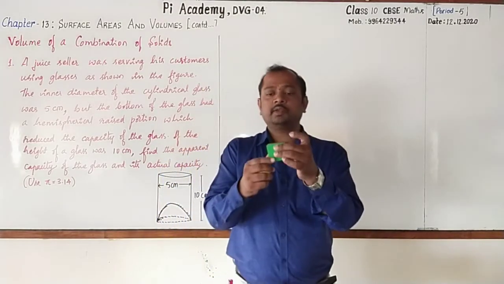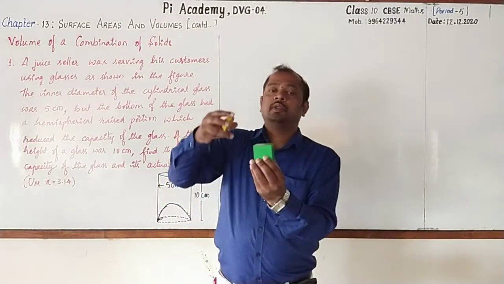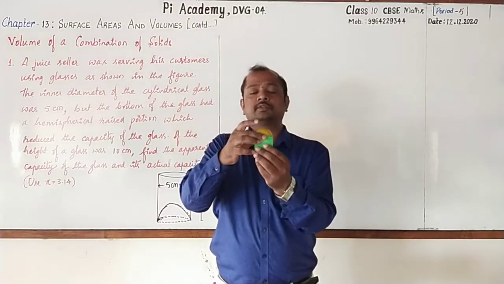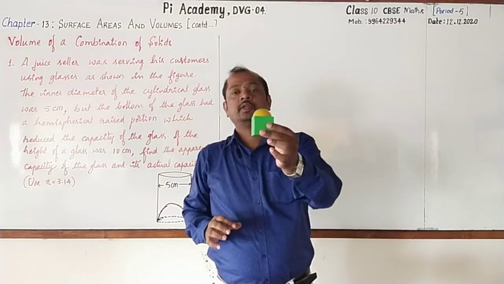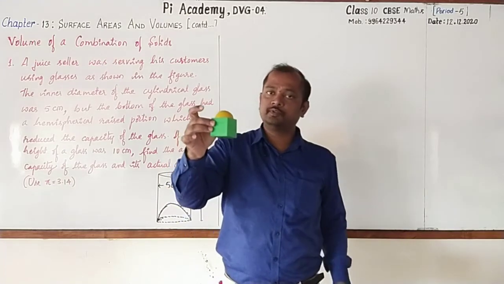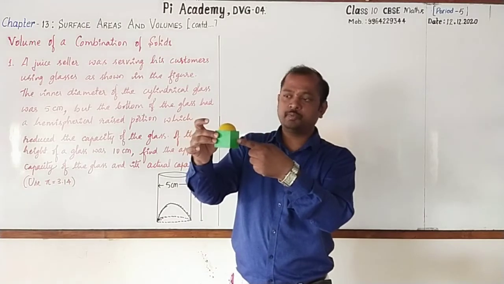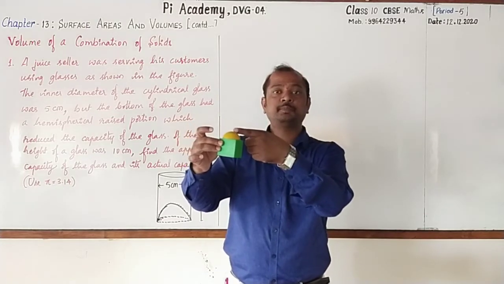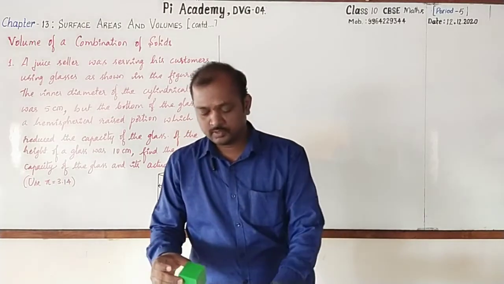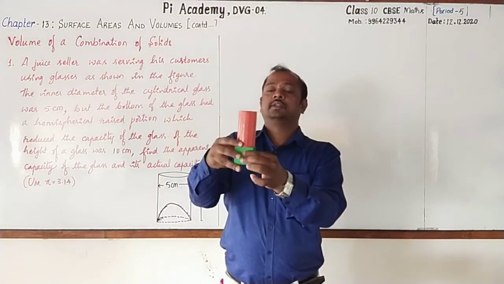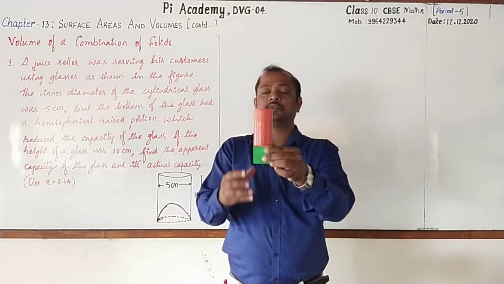The same way. Look here. Here we have a cube. Now I am going to place hemisphere on one of its surface. Then what is the volume of this solid? Very good. It is volume of the cube plus volume of hemisphere. Now you tell. See that, the arrangement is like this.